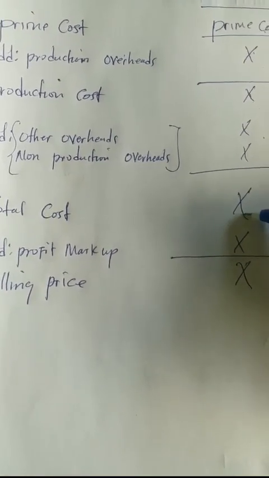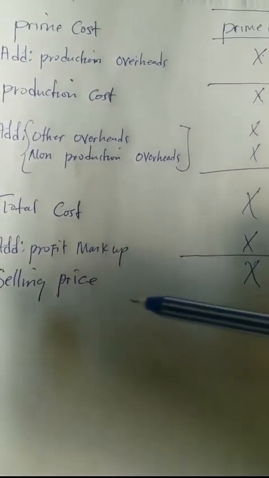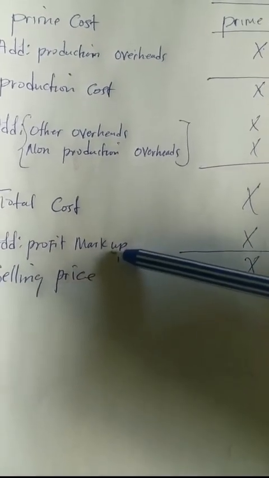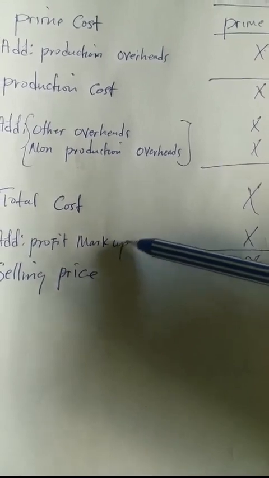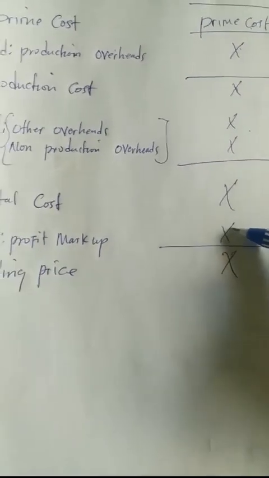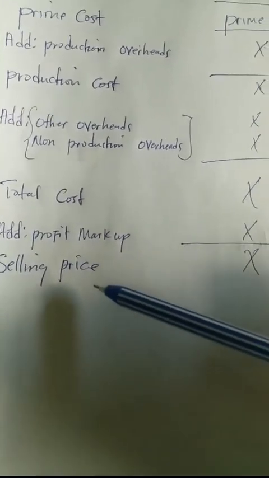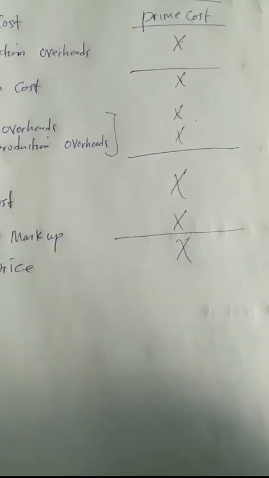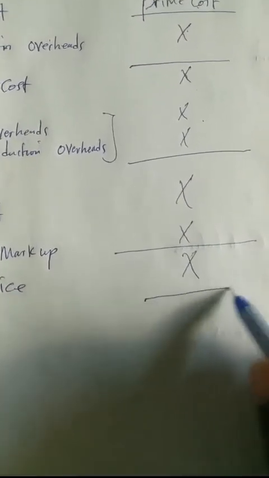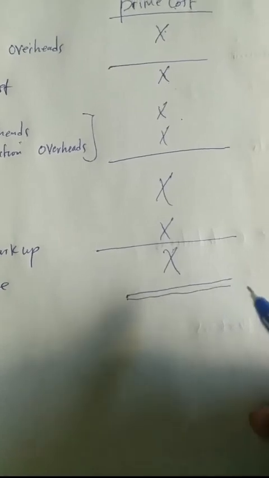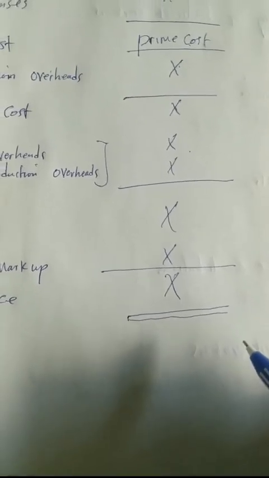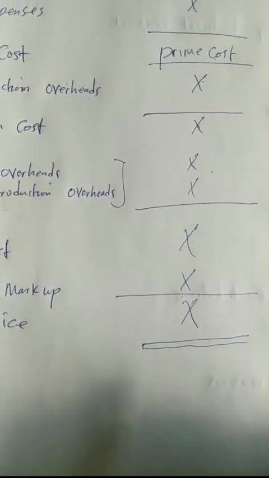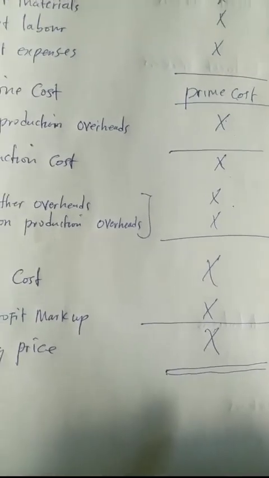Now that total cost, that's the one you add your profit markup percentage to. How much is your percentage for the profit? This is the figure, and that's how you arrive at the selling price. This is the price you are going to sell this product that you are making, in this case the plastic cup. So I'll give more detailed examples as we go.